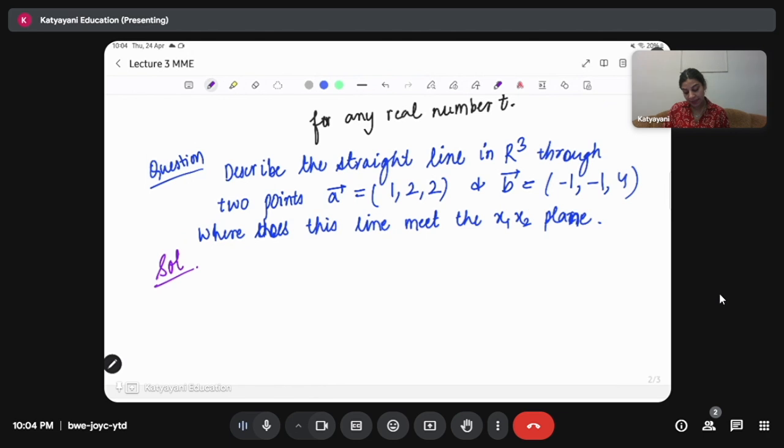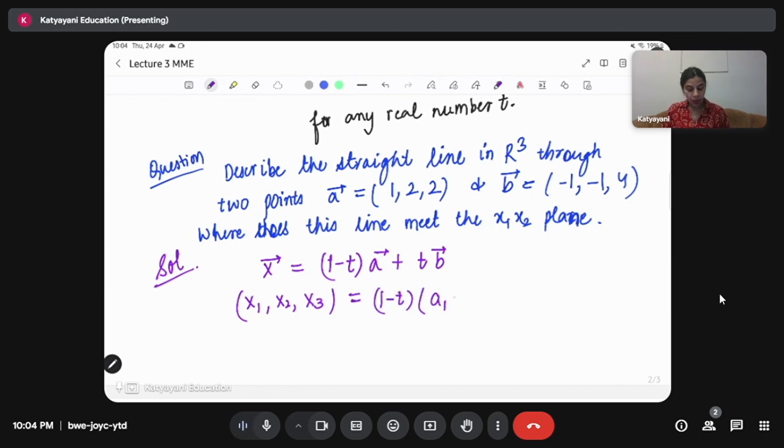First of all, the equation of a straight line, as I told you, is a set of all those x's which is a linear combination of a and b. So it is 1 minus t times a plus t times b. So this is the vector. Now if you want to write it individually, how would you write it? What is the x vector here? It is x1, x2, x3, because this is a three-dimensional space. We are in R3. Similarly, 1 minus t would be a real number. How can we write A? A1, A2, A3.